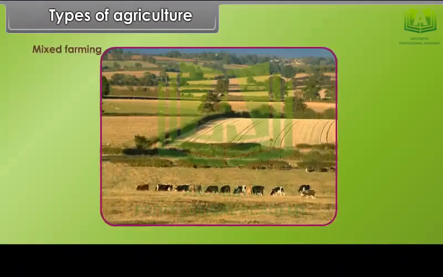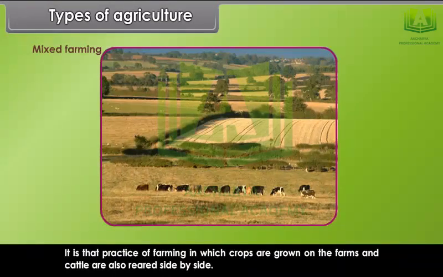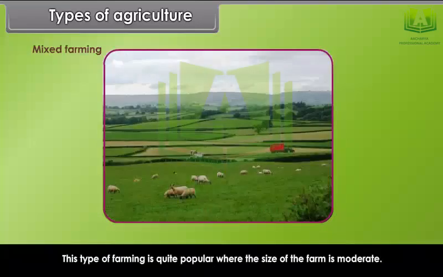Mixed farming. It is that practice of farming in which crops are grown on the farms and cattle are also reared side by side. This type of farming is quite popular where the size of the farm is moderate.